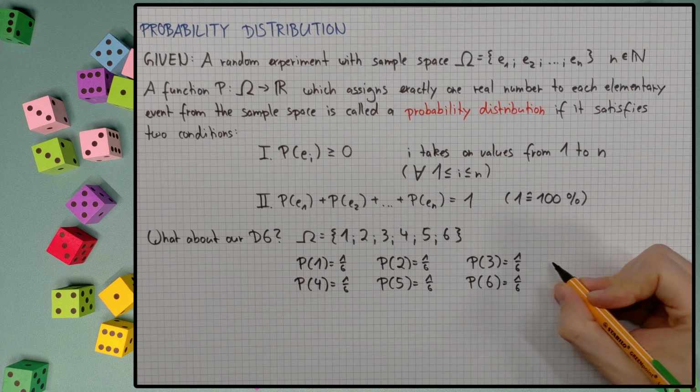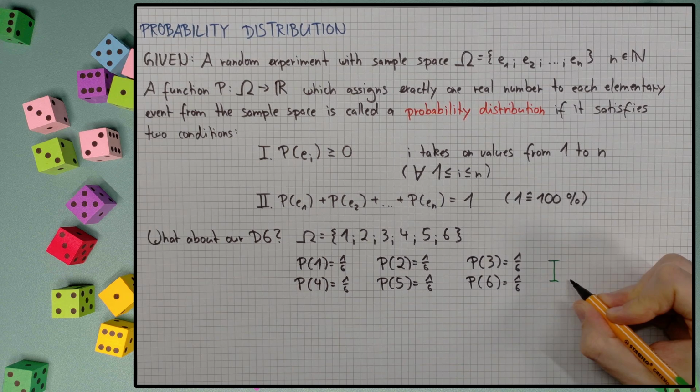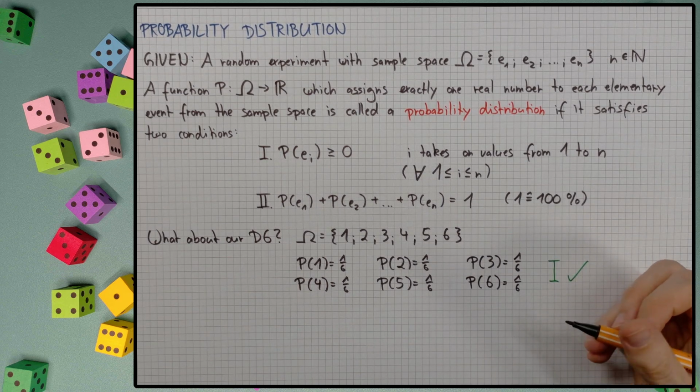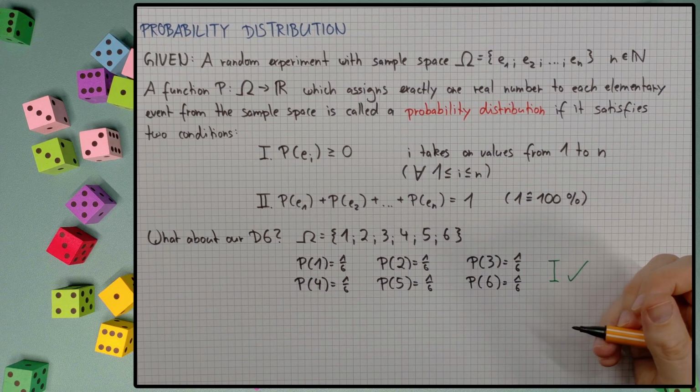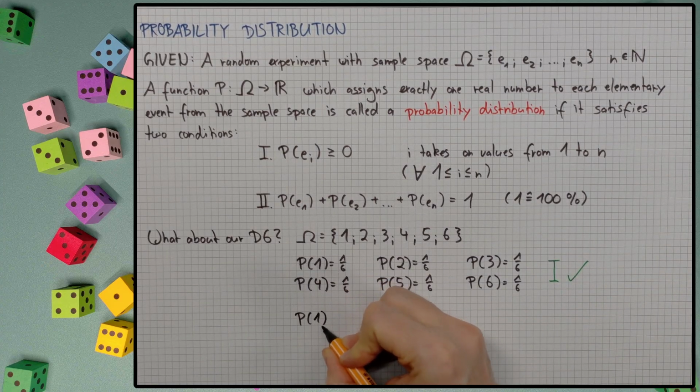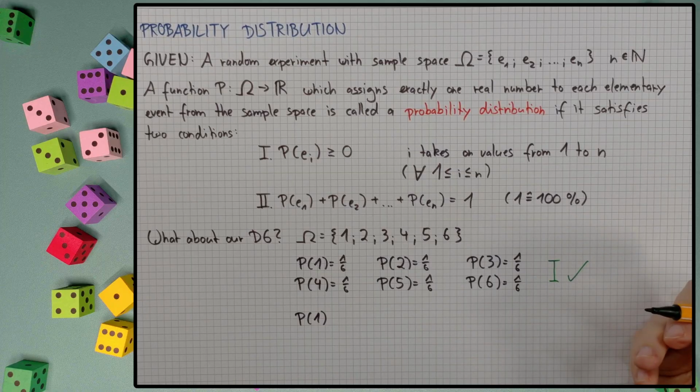Condition 1 met. Now condition 2 is of course very easily verified. I mean, it's 6 times 1 over 6, come on.